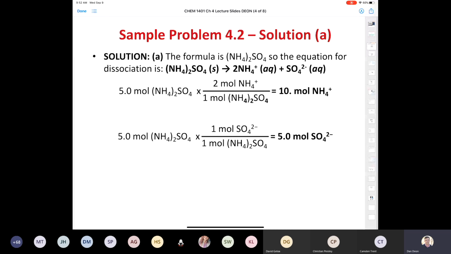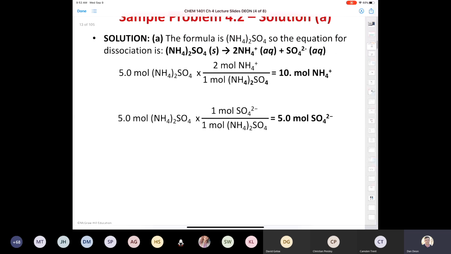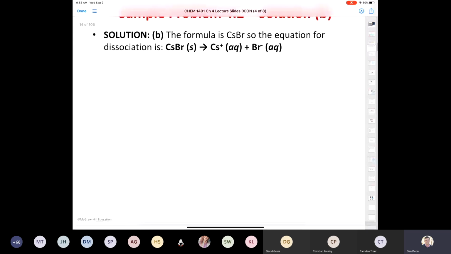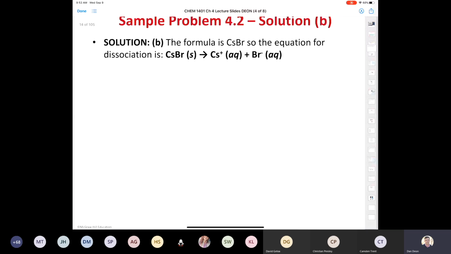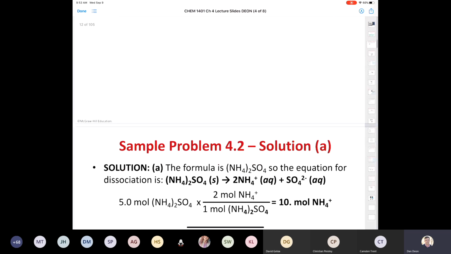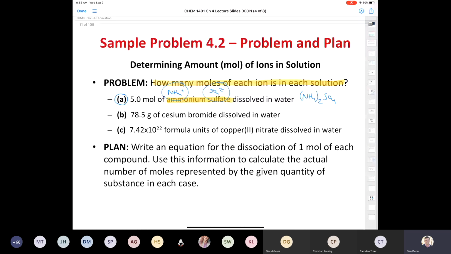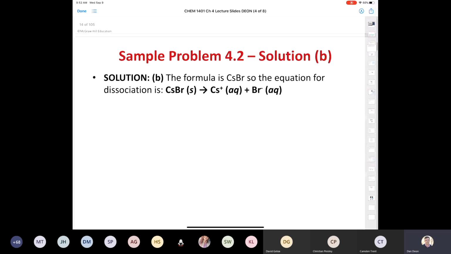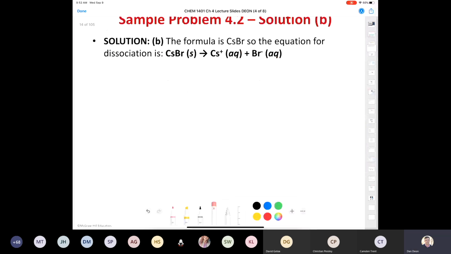Some of this can be done by mental math, and I'm sure most of you are probably faster than me at mental math, but let's take a look at the next one. It says in B, I have to back up here to read the question. You start with 78.5 grams of cesium bromide.